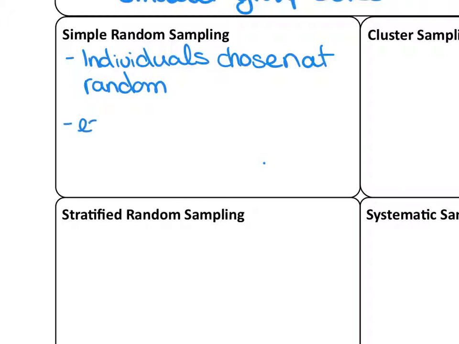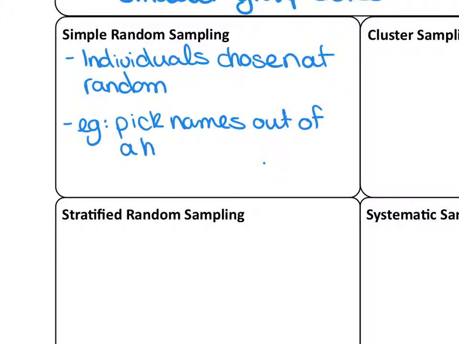For example, you might pick names out of a hat. So it's entirely unpredictable, entirely random. You don't know who you're going to get before you even do it. That's the most simple way to take a sample of your population.